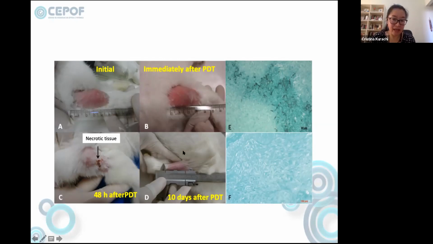At the end, we removed this tissue, and those are the immunohistochemistry slides marked specifically for these microorganisms. As you can see in this top image, those dark green filamentous structures are the PTOs marked positive.